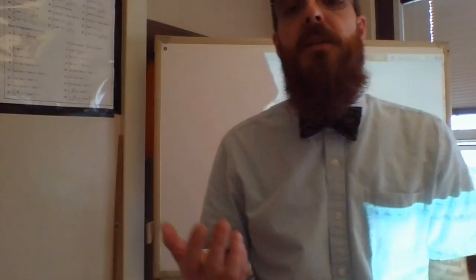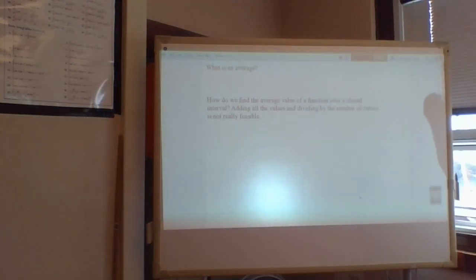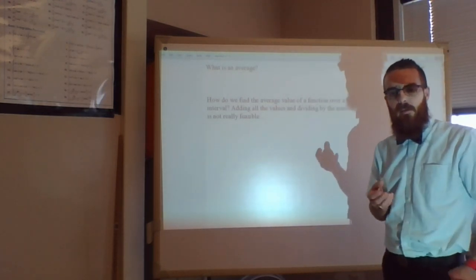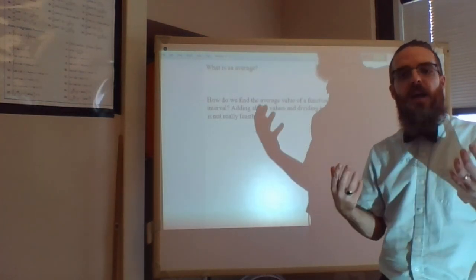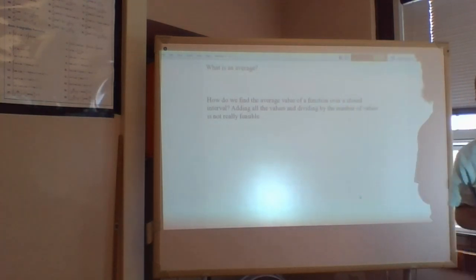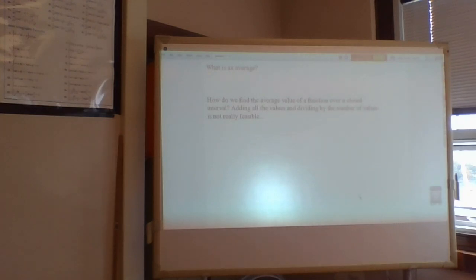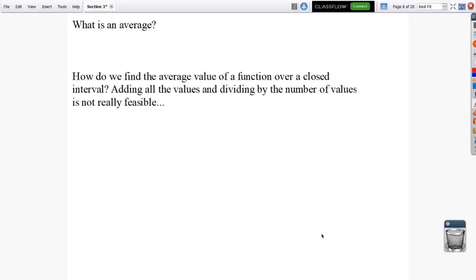So now we need to talk about what an average is. An average is where you add up all of the numbers in a particular set and divide by the number of numbers. We actually have a different way of calculating an average when we're talking about definite integrals.